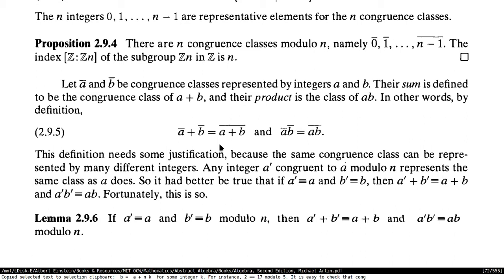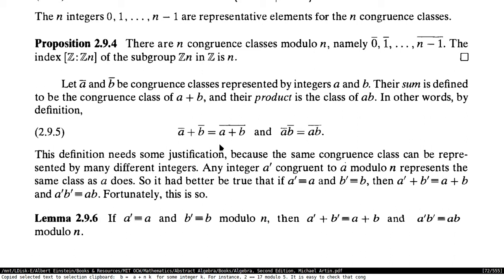And the justification is that, like with equivalence classes, you have different representatives for the class, right? So if they're in the same class, then they can be identified with the equivalence relation, right? So any integer a prime which is congruent to a mod n represents the same class as a does, right?